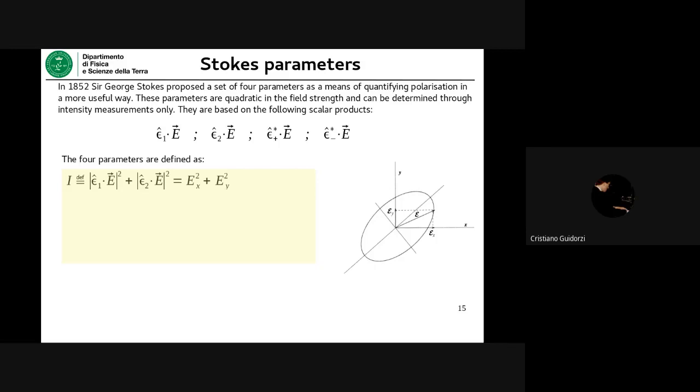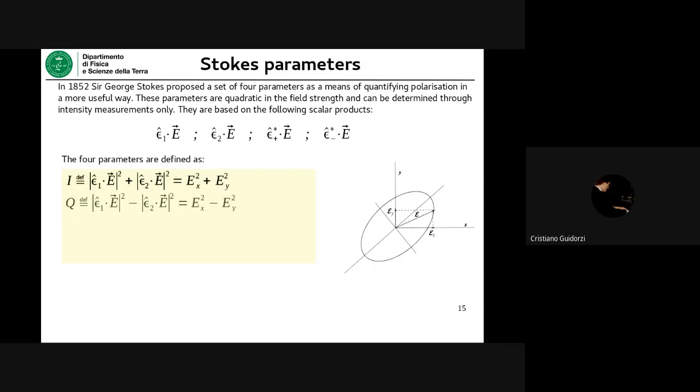Of course, I stands for intensity. The more intense the field, the more intense I is. But it tells you nothing about the possible difference between the two directions, x and y. You just see the sum.